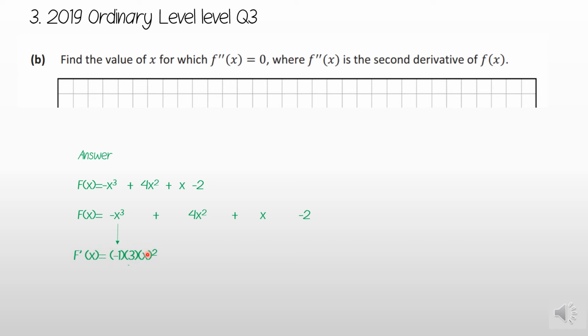This is the standard procedure: you write down the number that was there before, multiply it by the current power of x, which is 3, and write x to the power of what it was minus 1, so you go down 1 power to 2. When you boil this down and remove the brackets, 3 by -1 is -3, so this one turns into -3x squared.